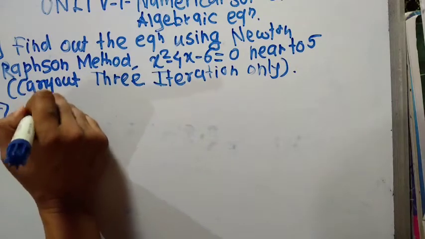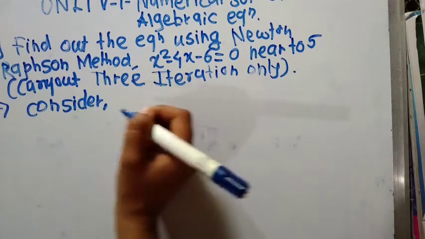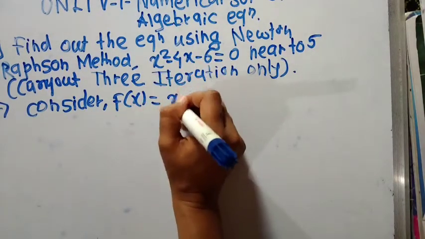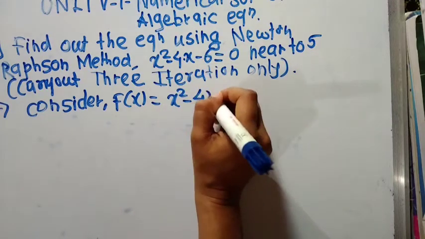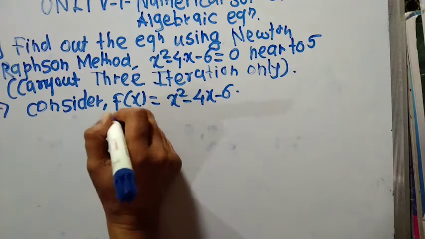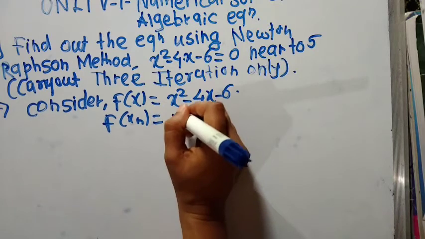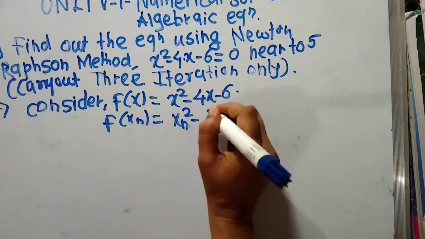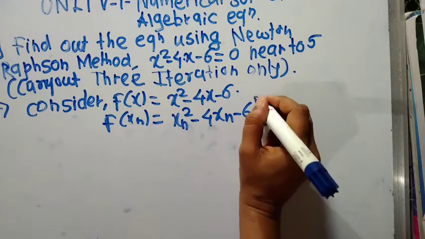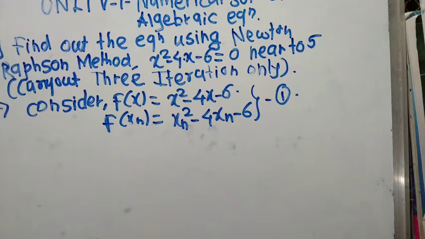First, consider f of x is equal to x square minus 4x minus 6. Then f of xn is equal to xn square minus 4xn minus 6. It is the first equation.